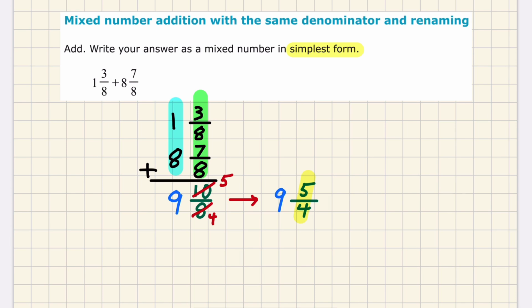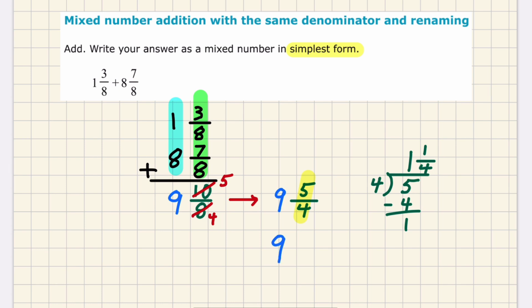I know that to make an improper fraction into a mixed number, I can divide the denominator, 4, into the numerator, 5. 4 goes into 5 once. 1 times 4 is 4. So our remainder is 1, and the denominator stays the same, 4.